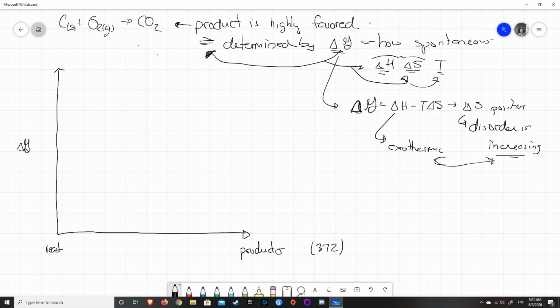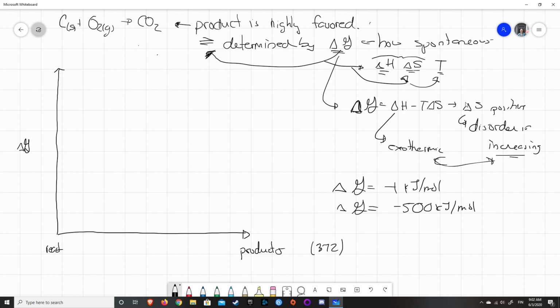And it depends, right? Our delta G value can be a small value, negative 1 kilojoule per mole, or we can have a very, very large delta G value, and we'll just make up a value, negative 500 kilojoules per mole. So we can have a very small delta G value or a large one. But it depends on where this delta G value meets a minimum.